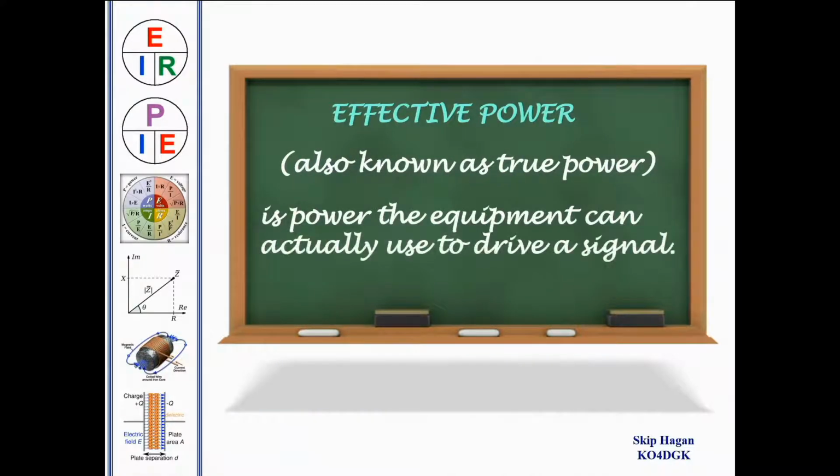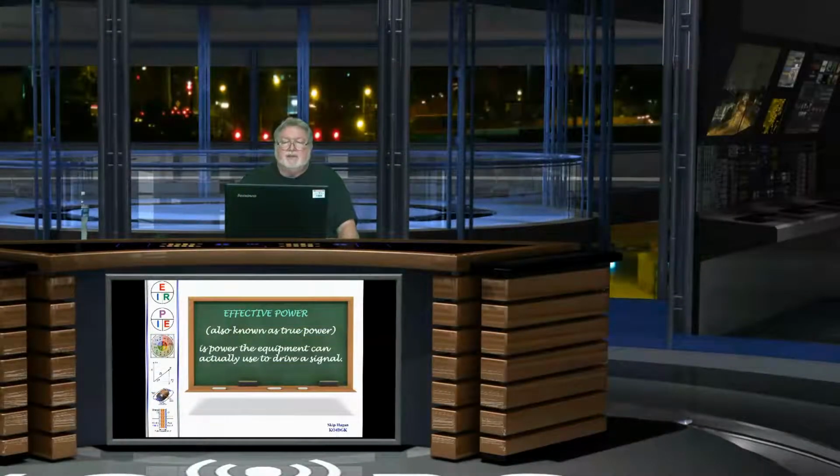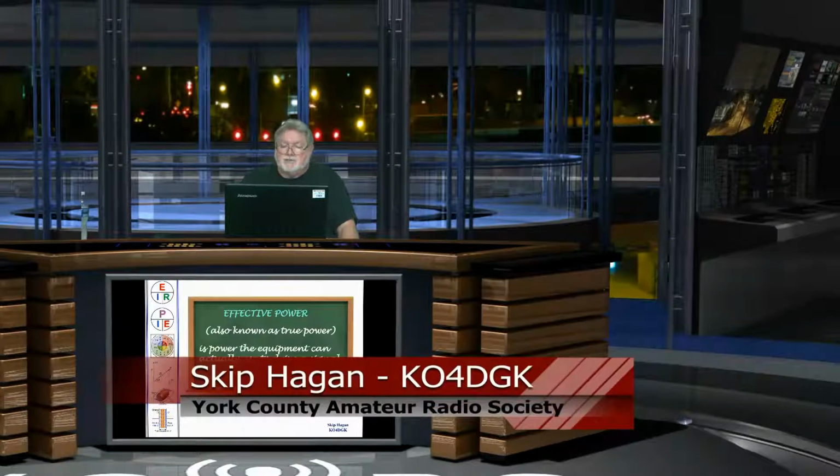True power is effective power. This is power that equipment can actually use, in our case, to drive a signal. So this is what gets it out into the air and out to people who are listening to our transmissions.